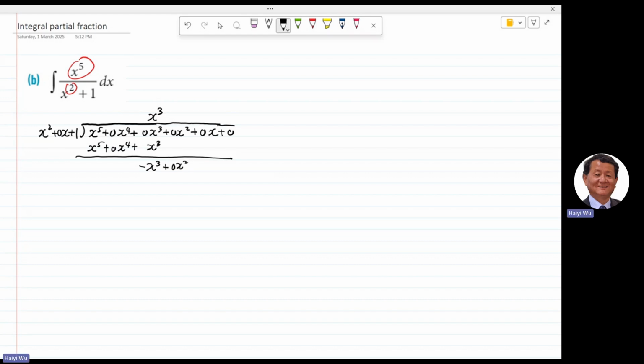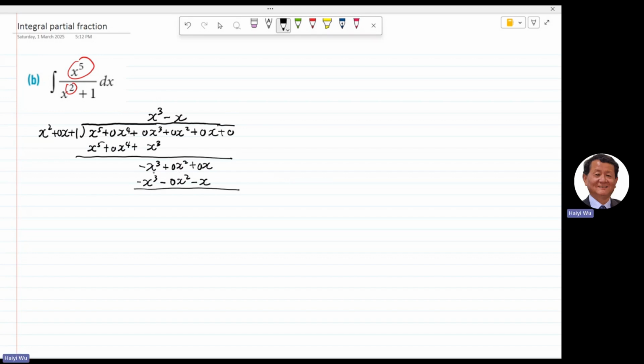Next, I need a minus x, but I need another 0x. So minus x will be x to the power 3 minus 0x squared and minus x.